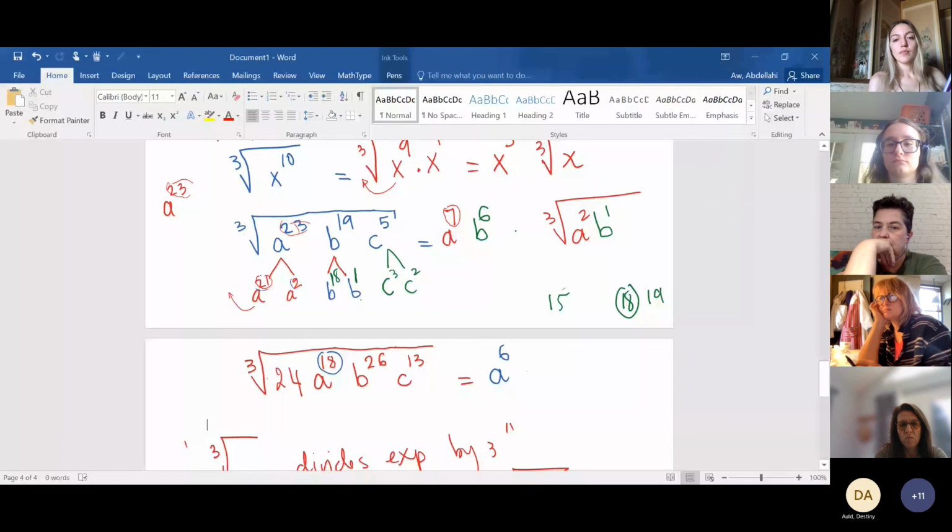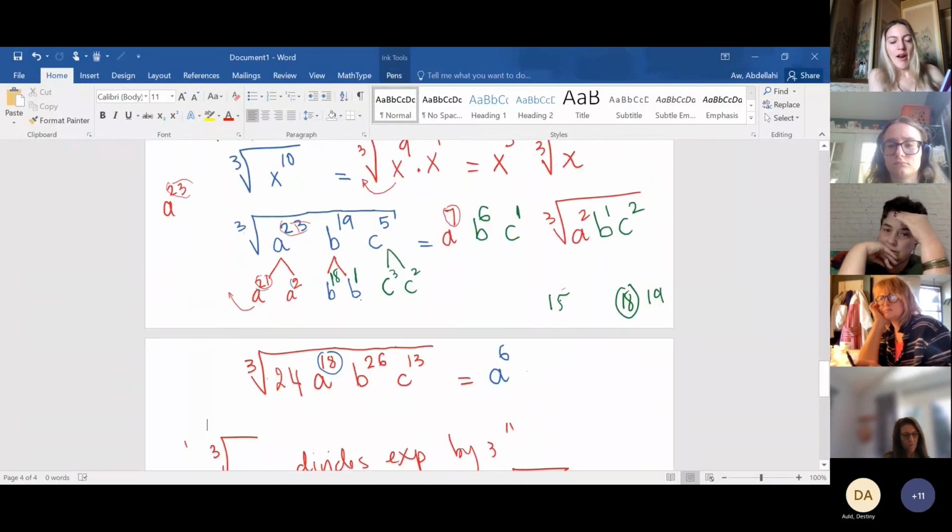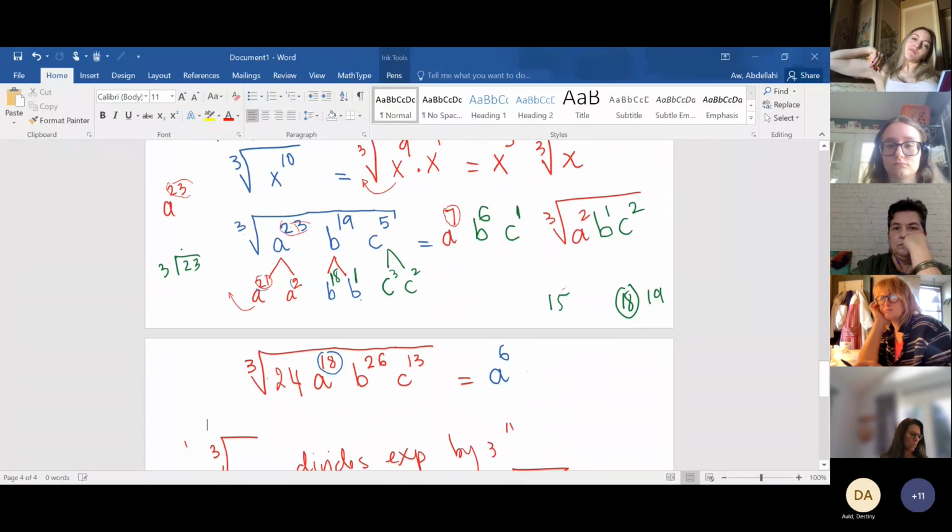So everything here is a matter of division. We're just dividing the exponent by 3. You have the quotient and you have the remainder. When you divide 23 by 3, how many times does 3 go into 23? 7 times, right?